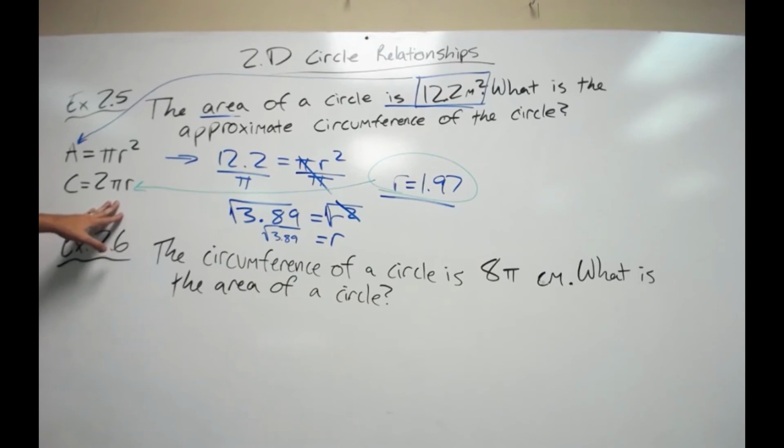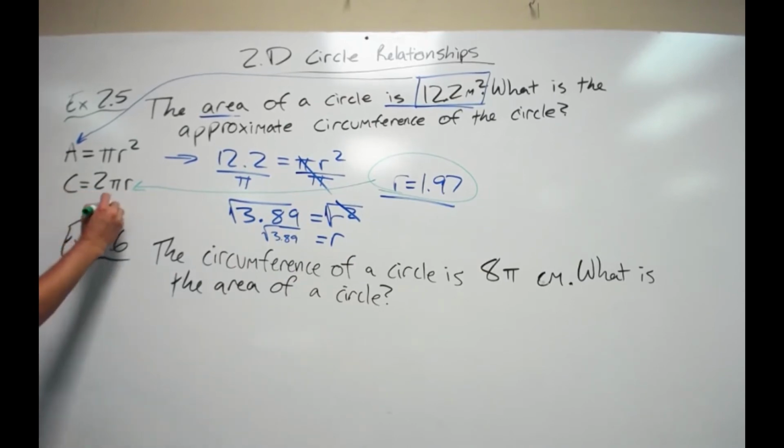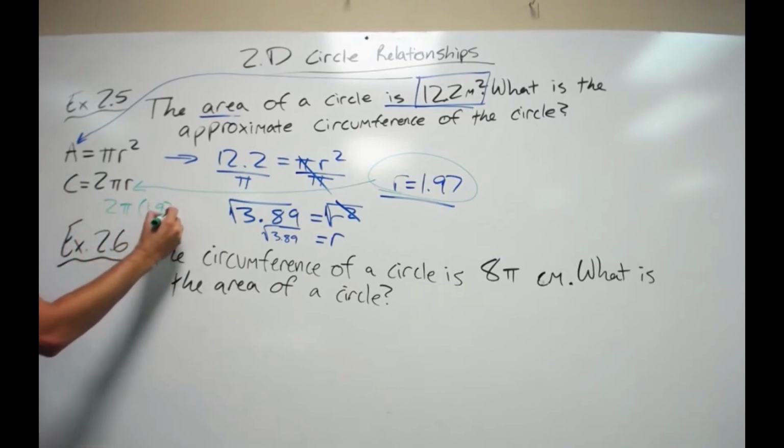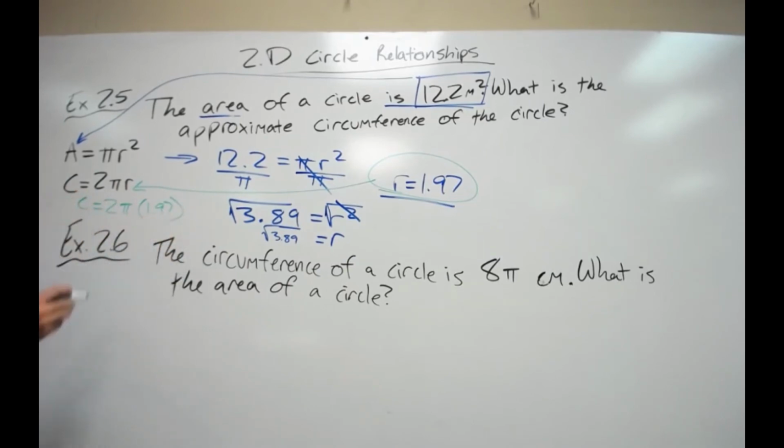So we plug it in, and we got 2 times pi times radius, which is 1.97. 2 times pi times 1.97 equals your circumference.